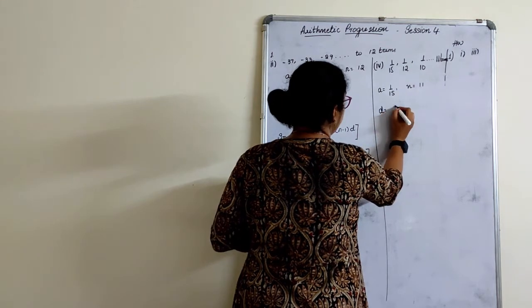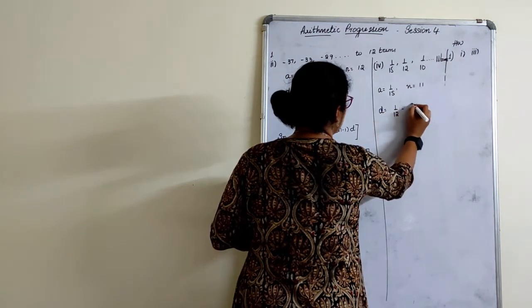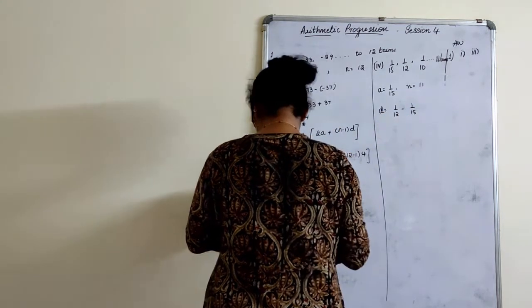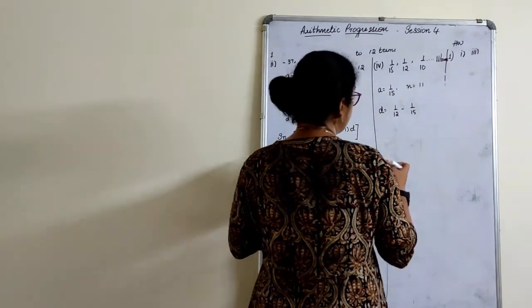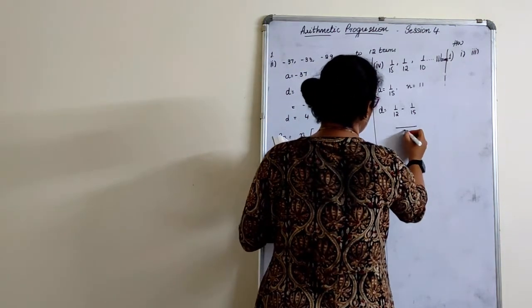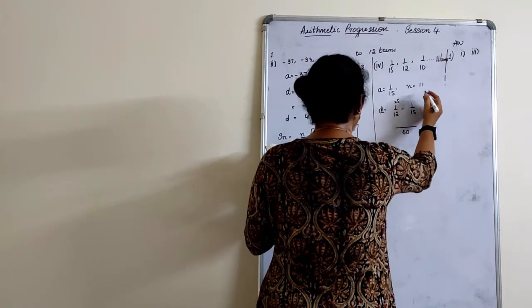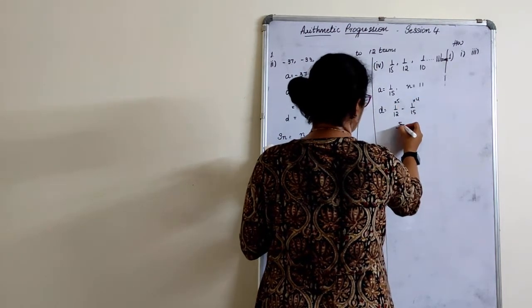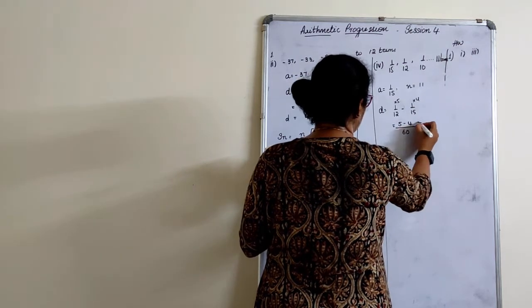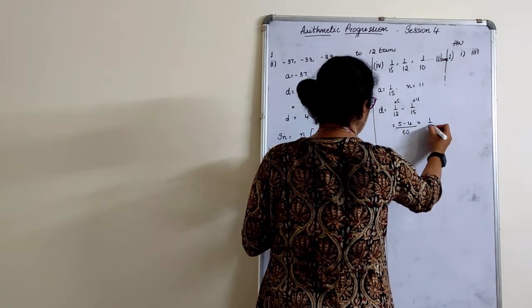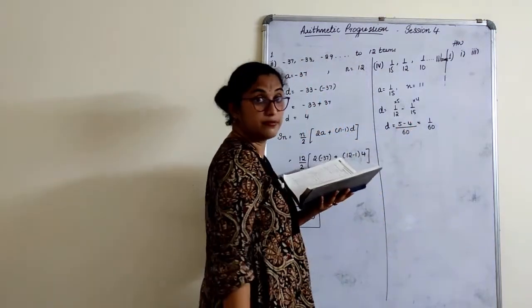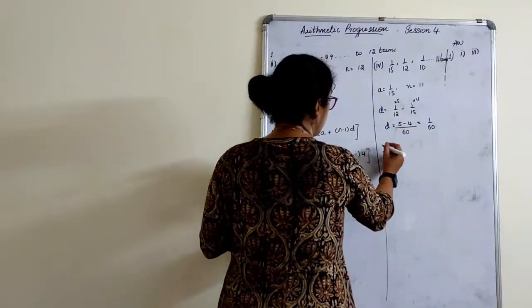What is the common difference? 1 by 12 minus 1 by 15. So the LCM of 12 and 15 you need to find, which is 60. 12 5s are and 15 4s are. 5 minus 4, this is equal to 1 by 60. Common difference. Okay, let's start.